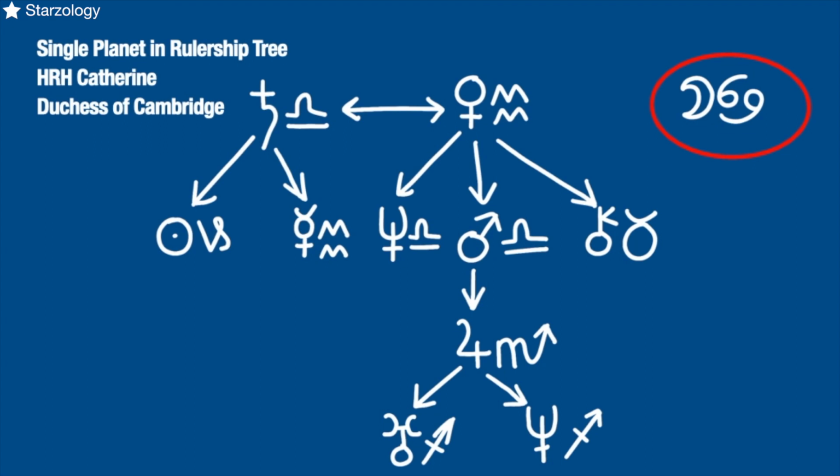And it is separate from what goes on in the mutual reception between the Venus and Saturn tree side of her life, which is really more, I would say, the public side of life that we tend to see. We as the general public are not likely to see her moon in Cancer and what goes on behind the scenes at home. So that's interesting. You can have single planets in rulership trees, and you could have more of them, and they are a little more independent planets. So they would need to have very close scrutiny within her chart as well.